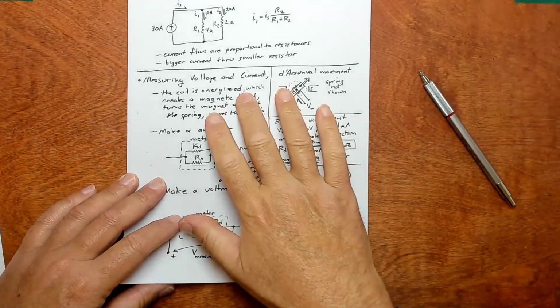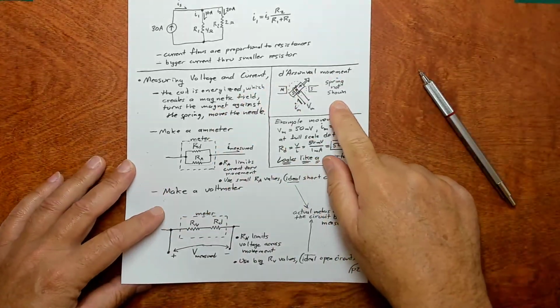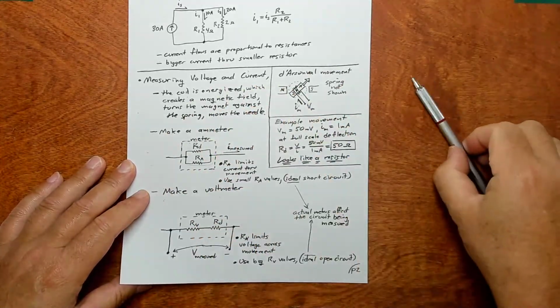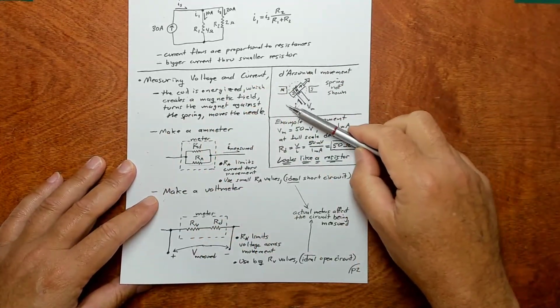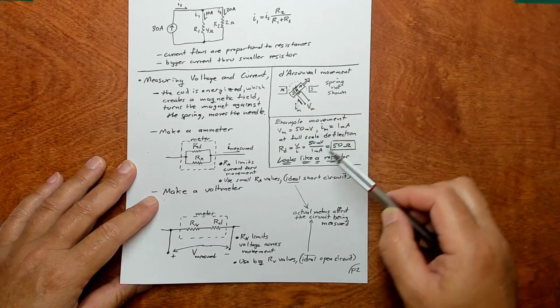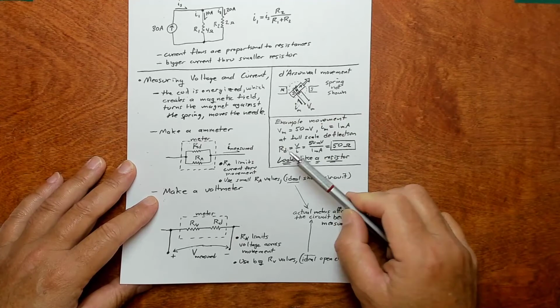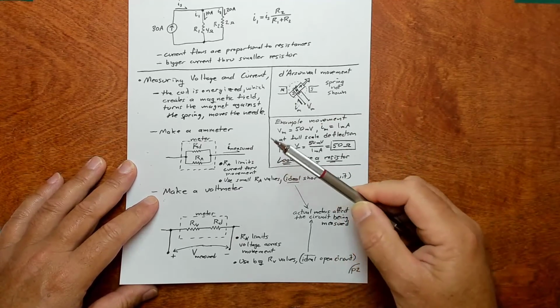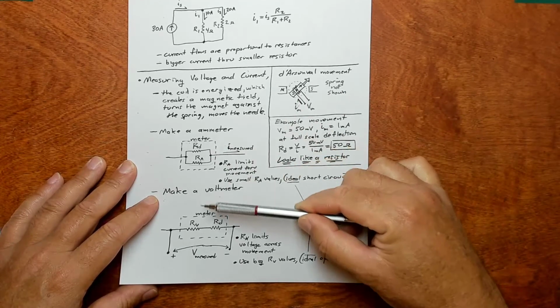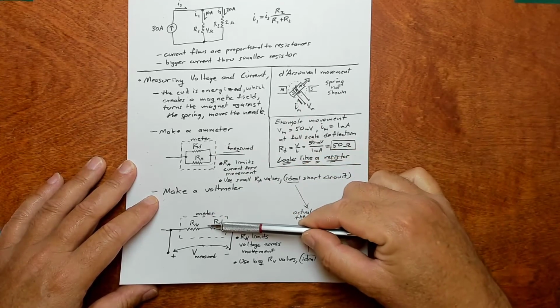So that's measuring voltage and current using a D'Arsonval movement. Just to review this, there's a lot of good stuff in here. One idea is that we're taking a pretty complicated gadget with a lot of weird physics and simulating it with a resistor. Then we can take that D'Arsonval movement and construct either a voltmeter or an ammeter.